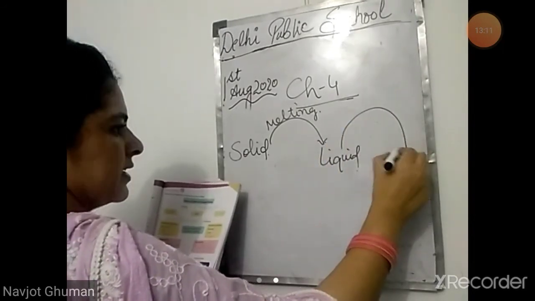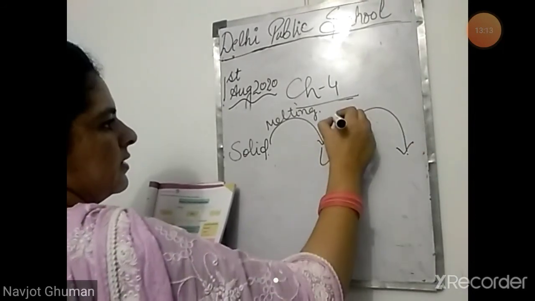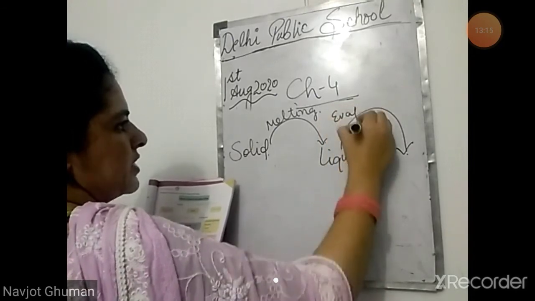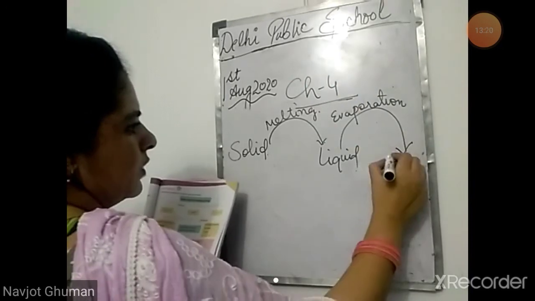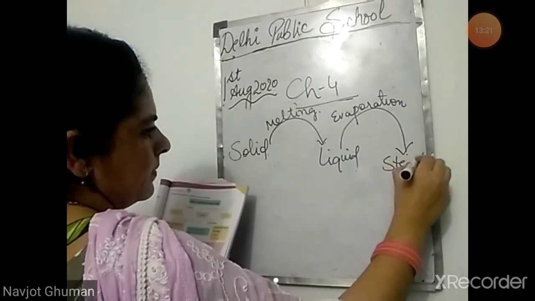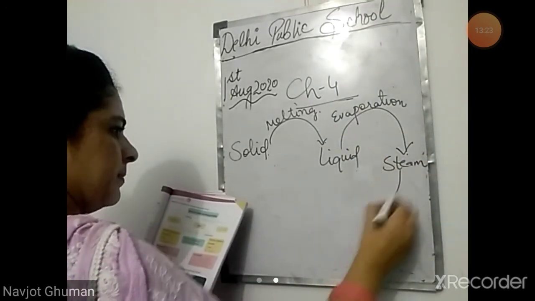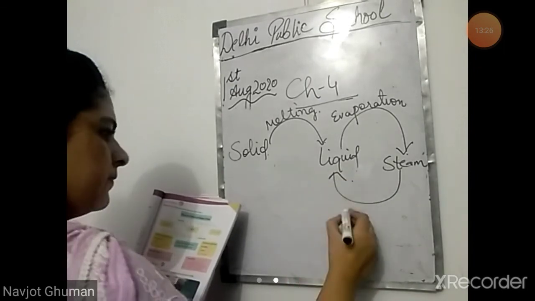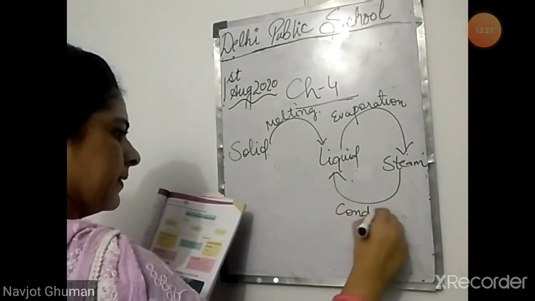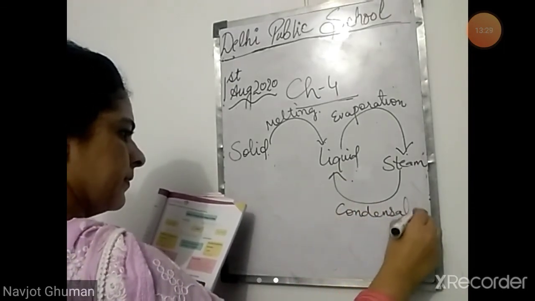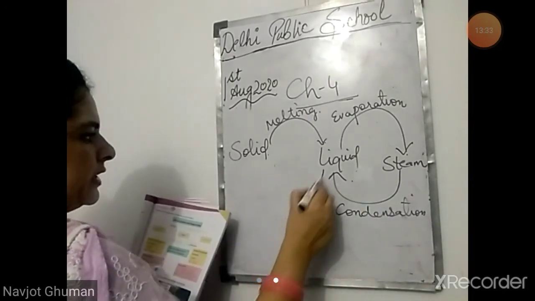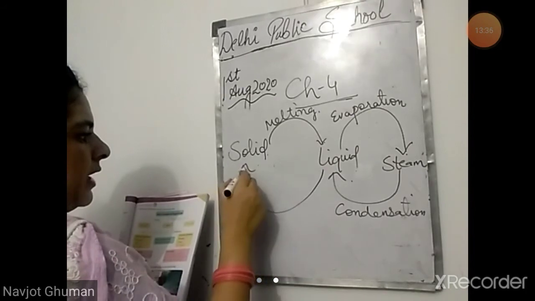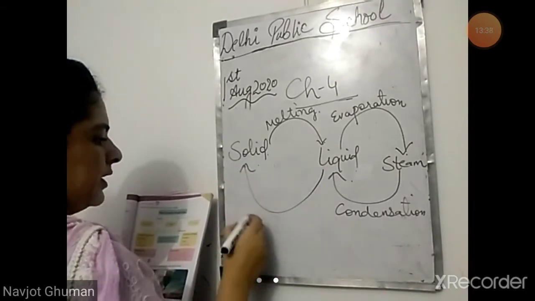By which process? There will come evaporation, and after evaporation, what do we get? We get steam. By condensation, we get liquid. And how does liquid become a solid? By which process?